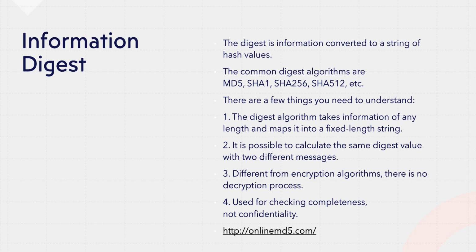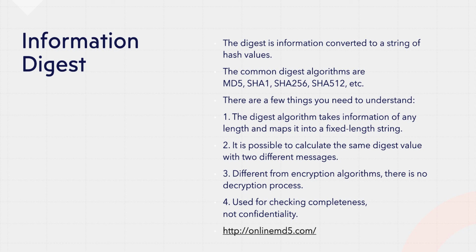Third, different from encryption algorithms, there is no decryption process. So this isn't like a ciphertext or anything. It's just converting information into a hash string. From the hash string, it is impossible to know what the original information is.